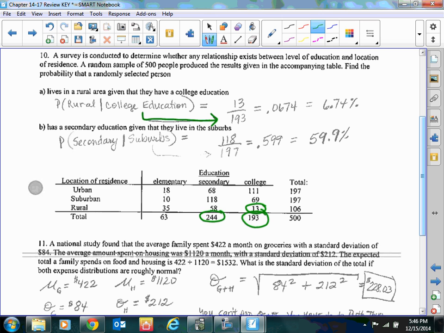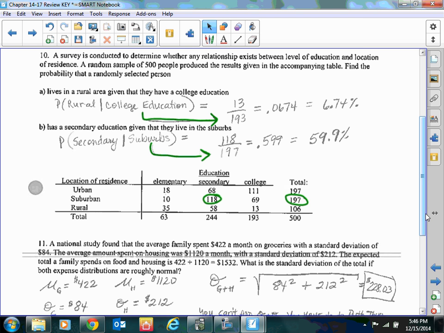I went the wrong way on that. This one is given that they are from the suburbs, so I need to do the suburbs category. Is this 197? And of this 197, 118 is the secondary portion. So that's 59.9%.